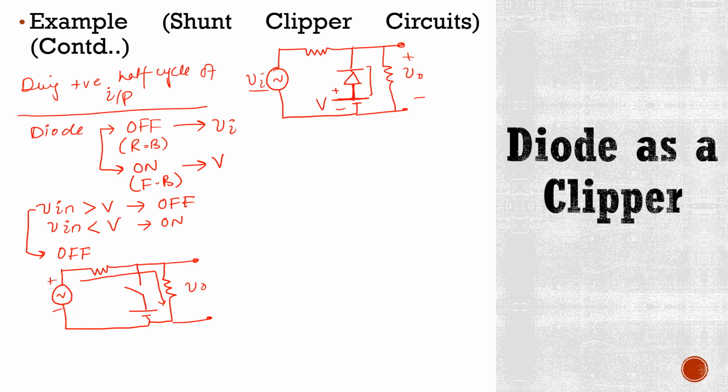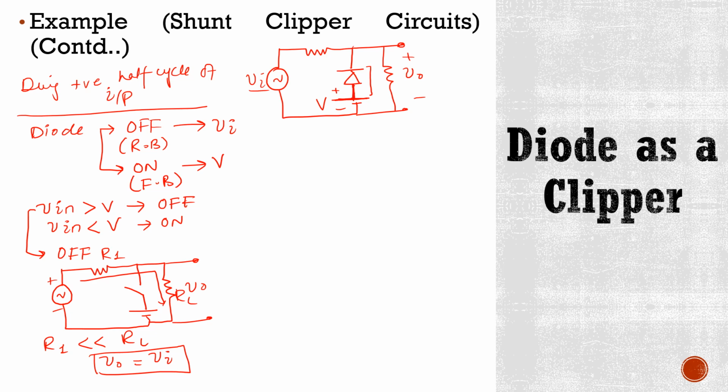Okay, so if we apply the assumption here that R1 is very much less than RL, then we know that in this case the output voltage is equal to the input voltage.